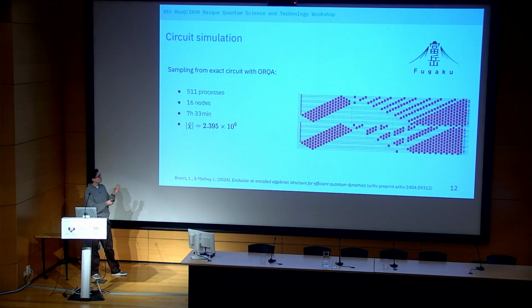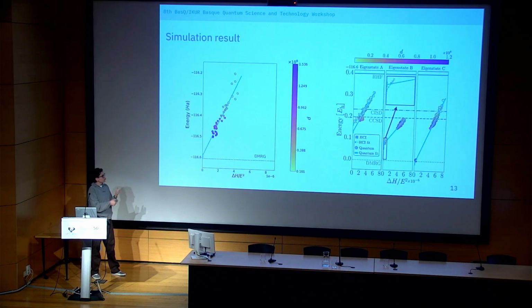And then we did the same of taking different batches and diagonalizing the Hamiltonian in every batch. And we got that using this classical simulator, doing this energy variance extrapolation, we also reach the DMRG values almost.